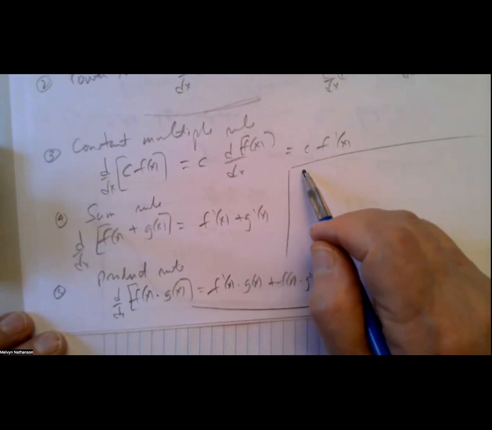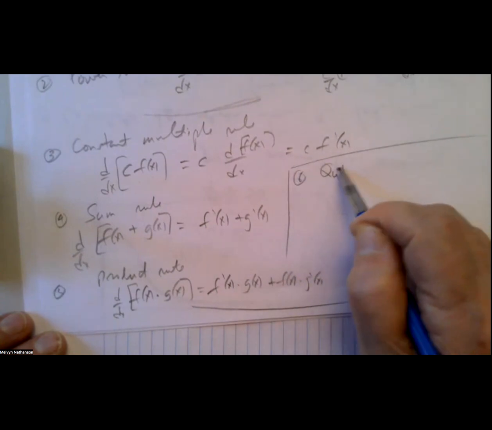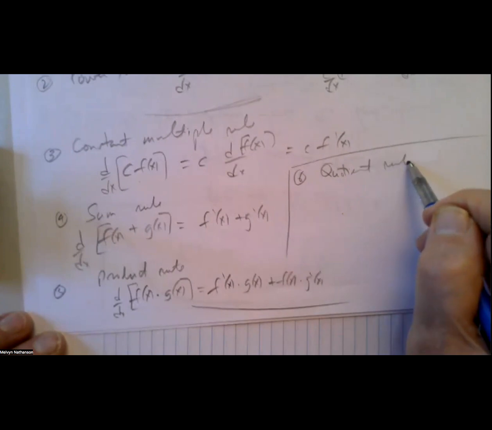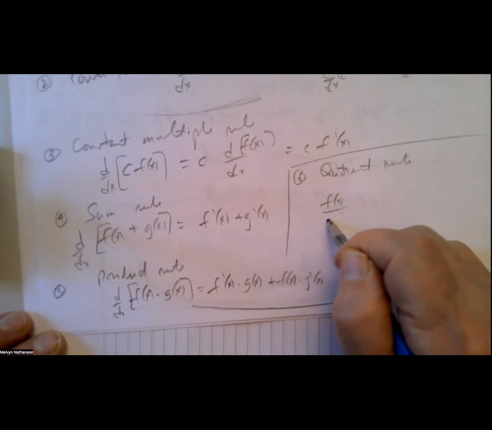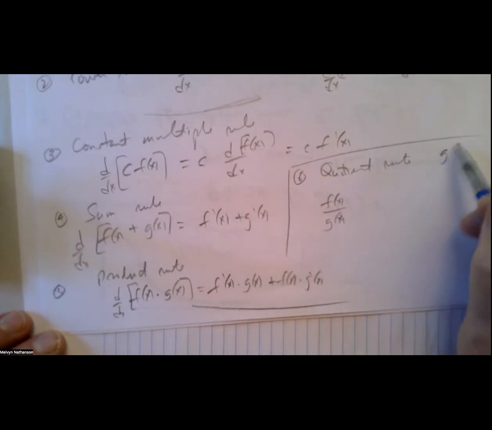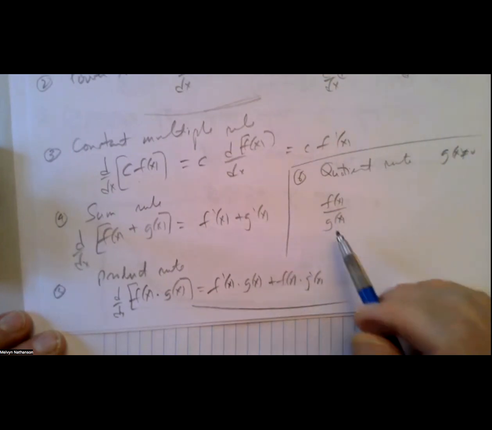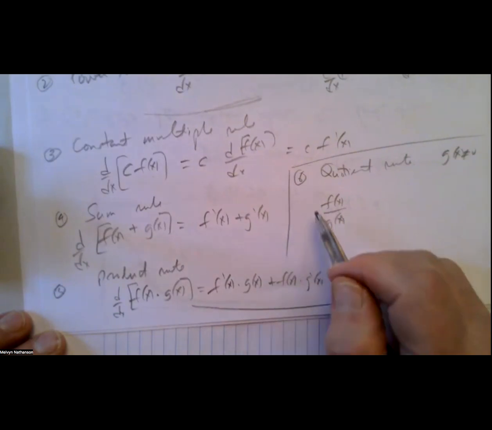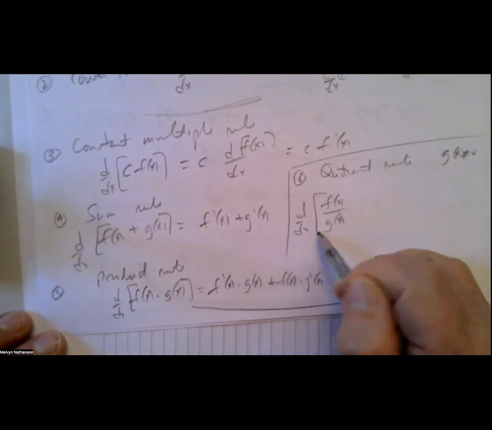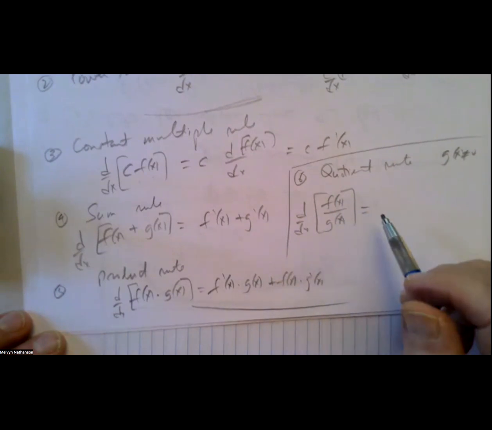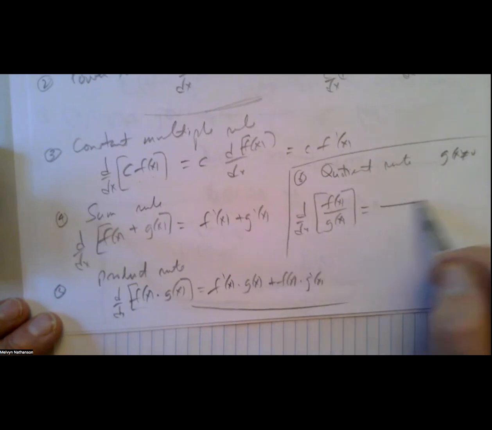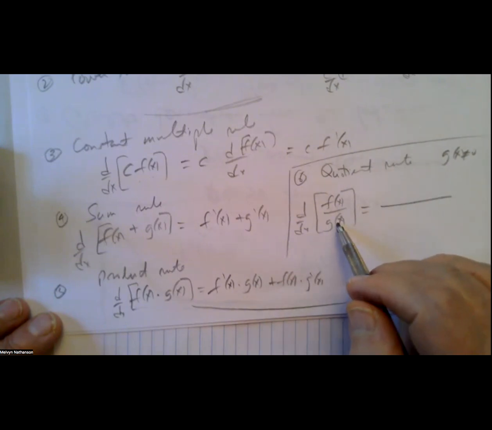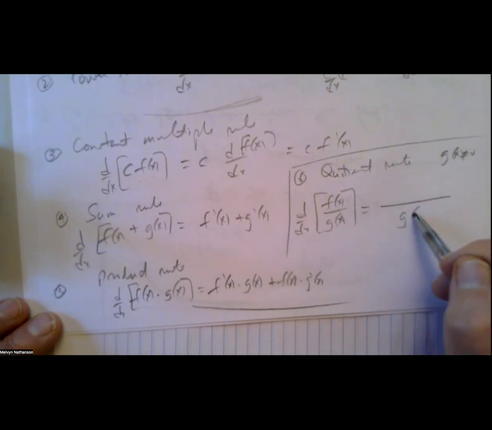And even more complicated is the quotient rule. If we have functions f of x and g of x, and we divide them at a point where g of x is not 0, so you can't divide by 0, the derivative of the quotient of two functions has the following complicated form. It's going to be a fraction, a quotient, and the denominator of what you're differentiating, that squared is your new denominator.